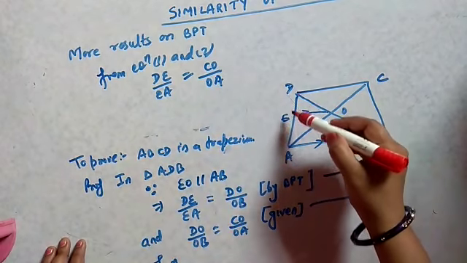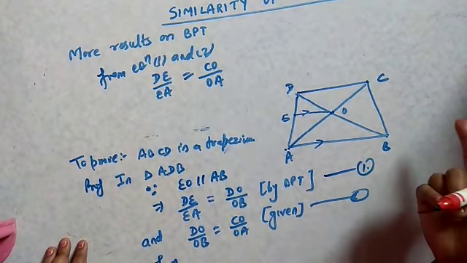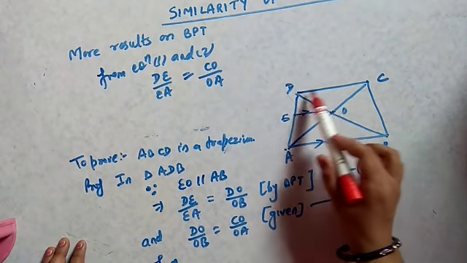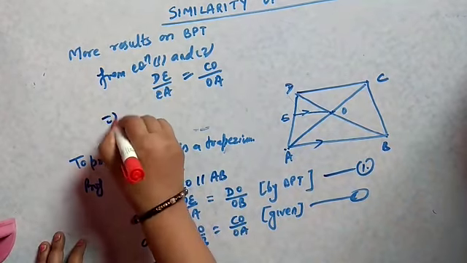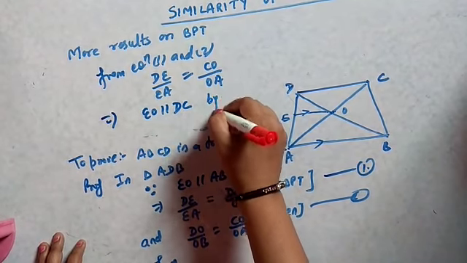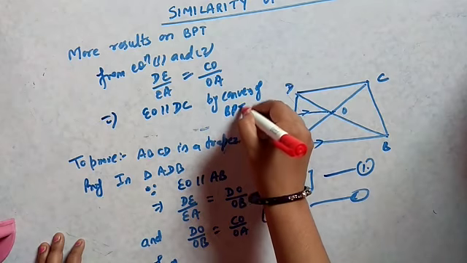Now DE by EA equals CO by OA means, by converse of BPT theorem, we can say EO is parallel to CD. It implies that EO is parallel to CD by converse of BPT.